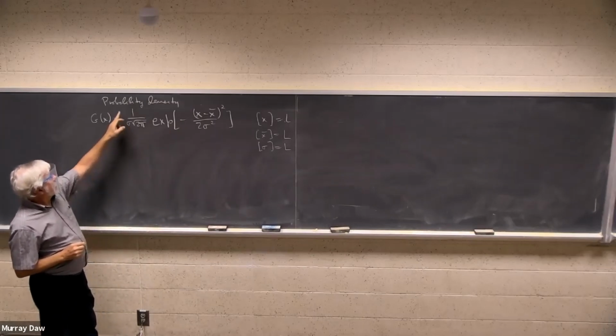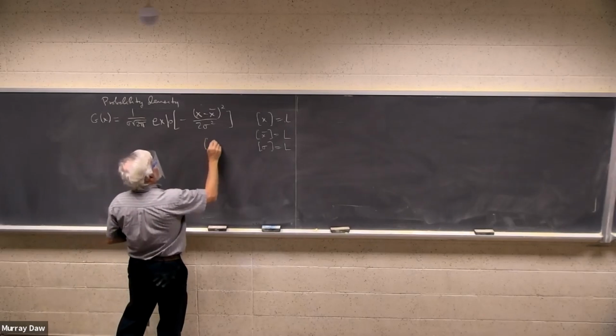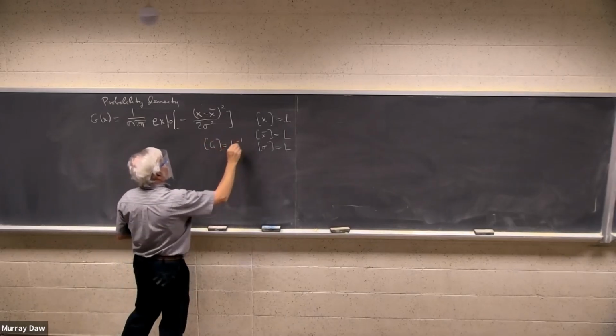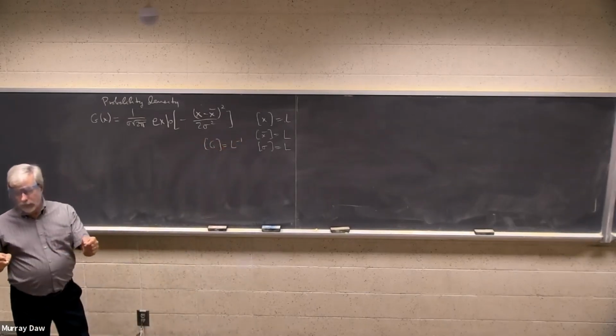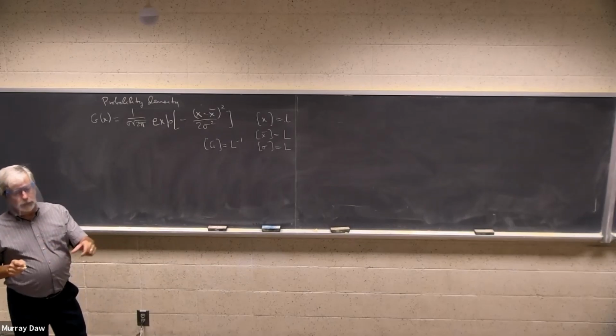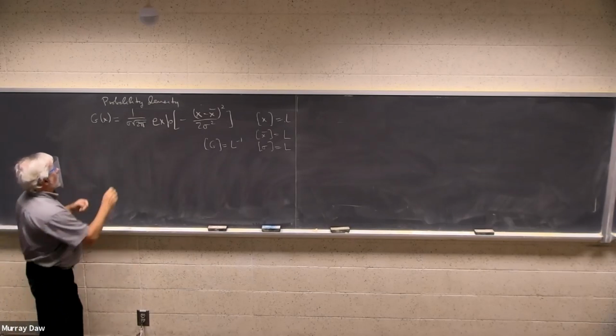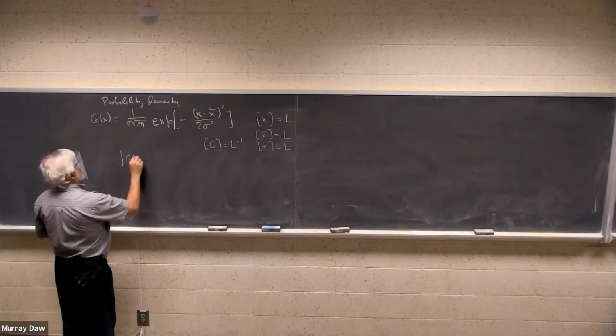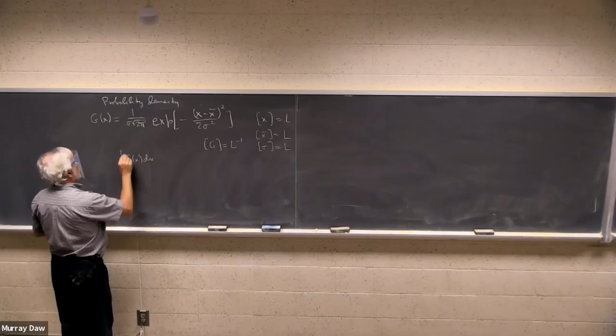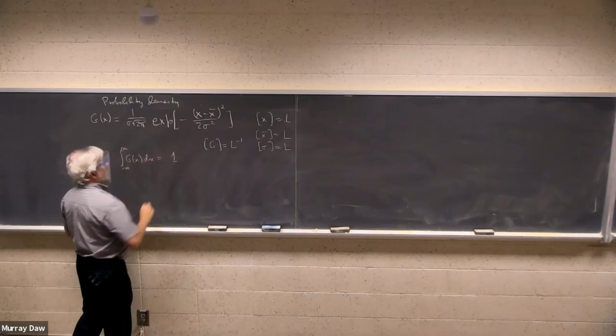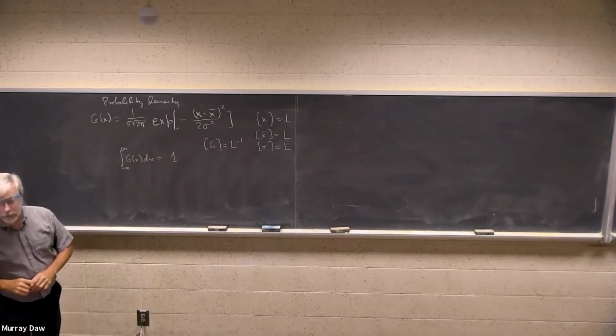And the probability density itself has dimension of inverse length, because you multiply it by the bin size and integrate over X. The area under the curve has to be 1. You had a homework where you checked that this gives 1. You may have to look this up in a table of integrals.